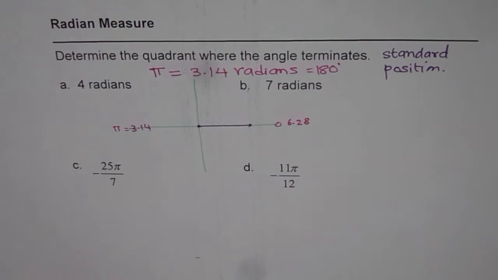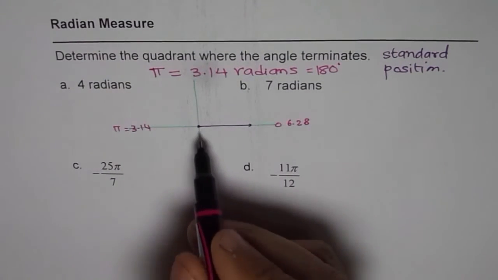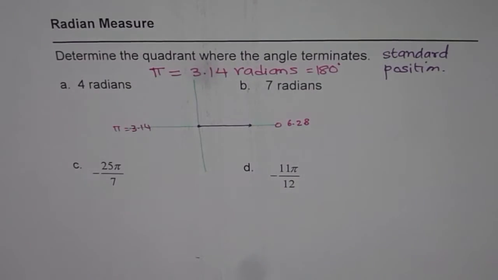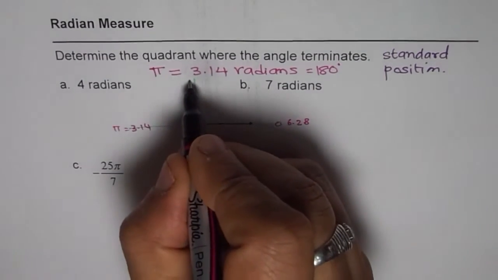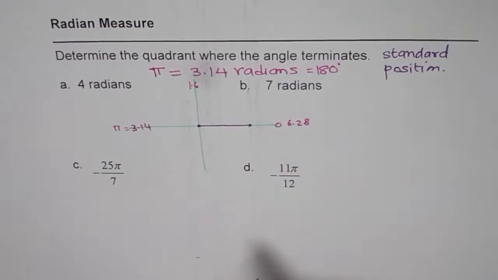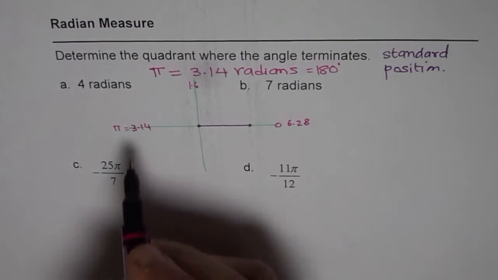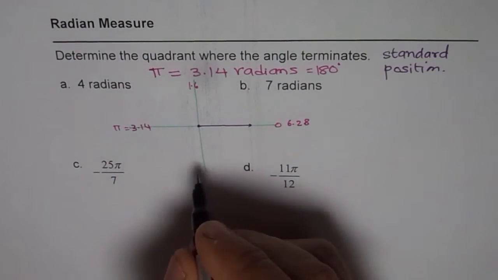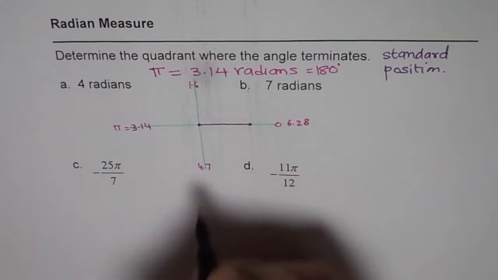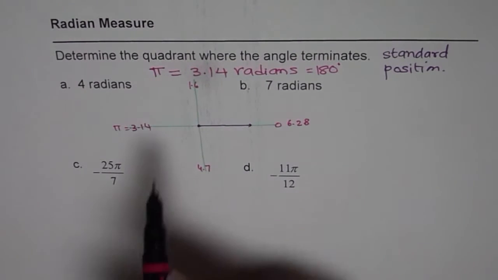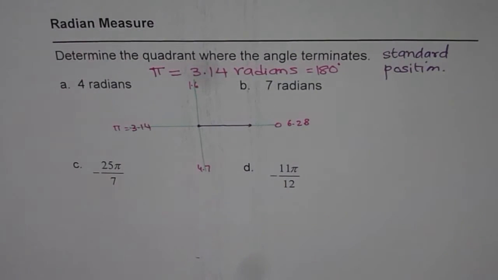Now it will be easy for you. Half of this and half of that you can place there, correct? So around, like say 1.6 is here. Let's say approximately you can see 1.6. Likewise, you can add 1.6 to this number. So say 4.7 is on this side. Well, these are very approximate values. So these should help you to figure out where the terminal arm should be, right?